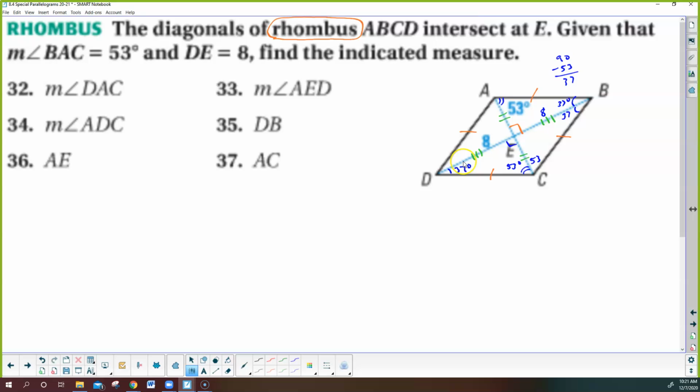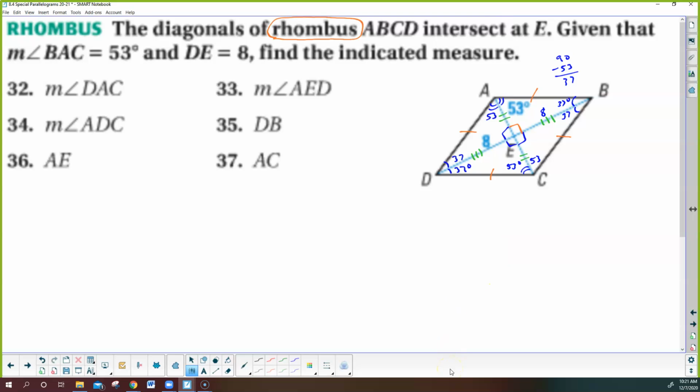This is 37 because the diagonals bisect. Right? So we know a lot of information. Actually, I know almost everything. I know everything except for the length of the rhombus, the length of the side, and the length of AE.